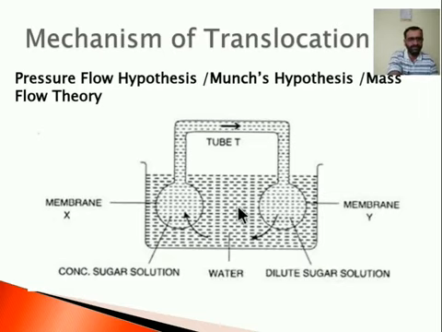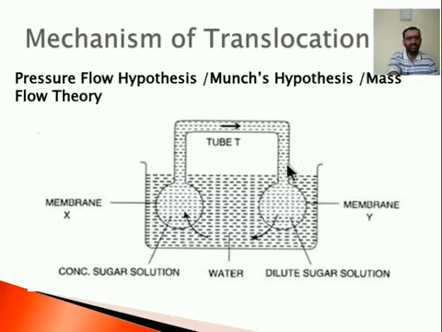In this experiment, let us assume that A and B, or X and Y, are osmometers permeable only to water. These two osmometers are connected by a tube C containing water, forming a closed system.